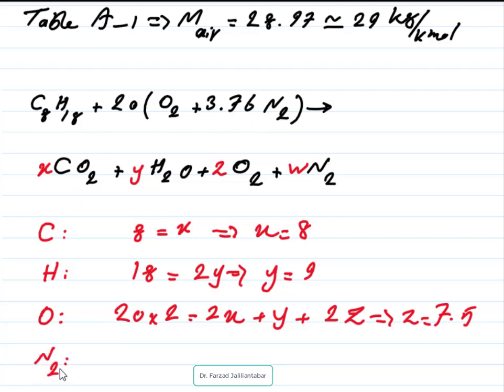We should write the mass conservation for nitrogen. How many atoms of nitrogen on the reactant side? 20 times 3.76.